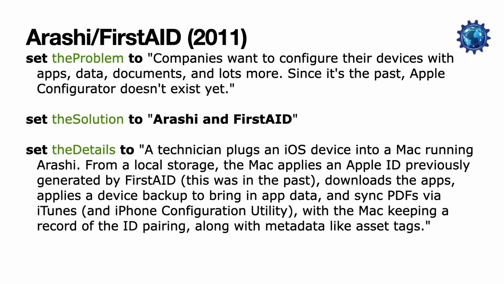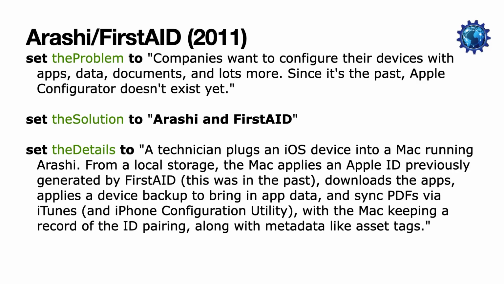So let's put this all together, because you've seen some of the larger stuff. This was probably the big problem that I faced in my previous life to this one. Device configuration is something that we are definitely familiar with in this room. In 2011, it was a little different because MDM was just starting to become a thing, and Apple hadn't released Configurator or Configuration Utility.